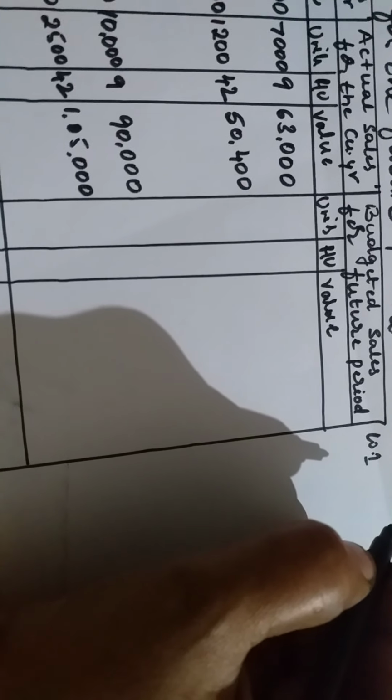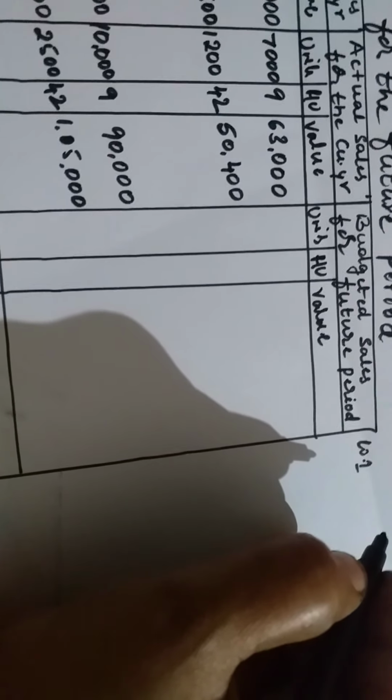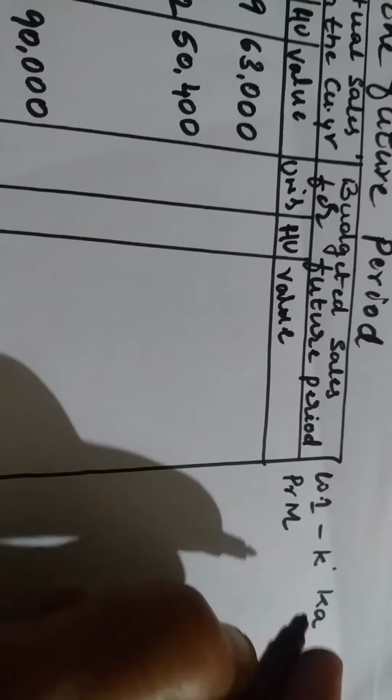There is information given that the sales figure of M product increases by 10%. So product M in Karnataka state: 6,000 units budgeted sales, it increases by 10%, that is 600.